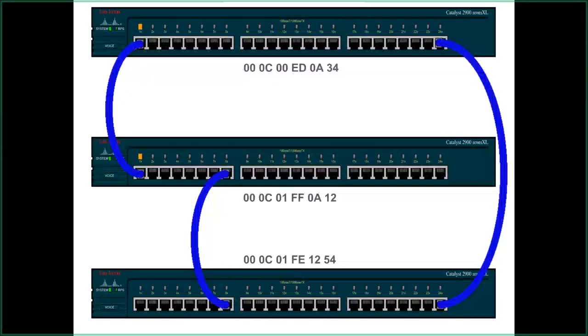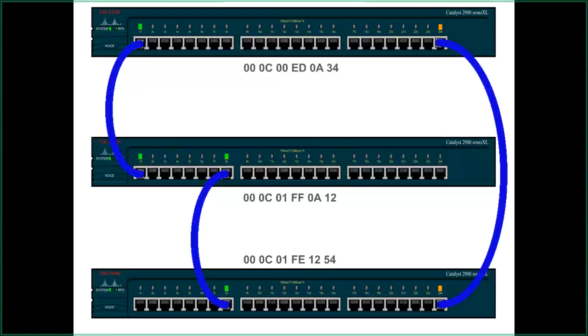And their lights come on to green, orange, then green. So the orange is while they're negotiating and setting themselves up.